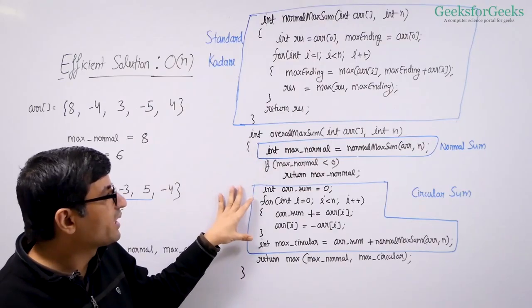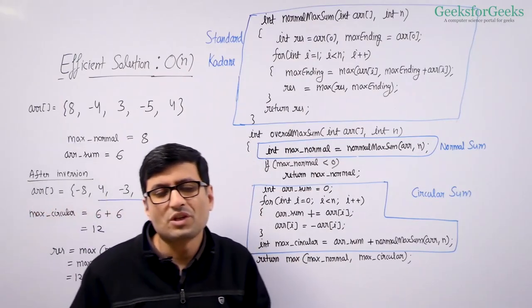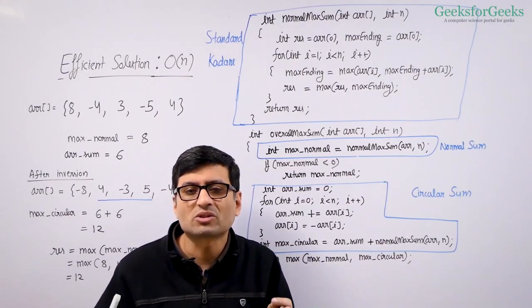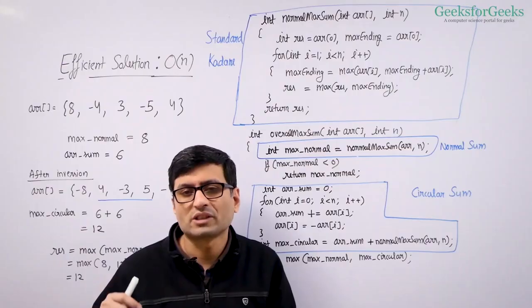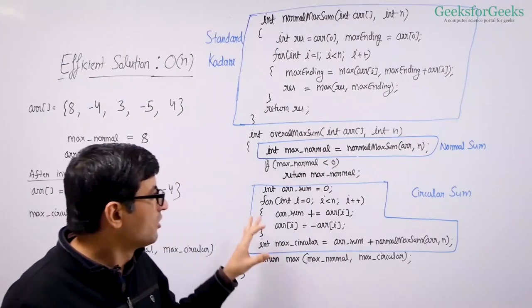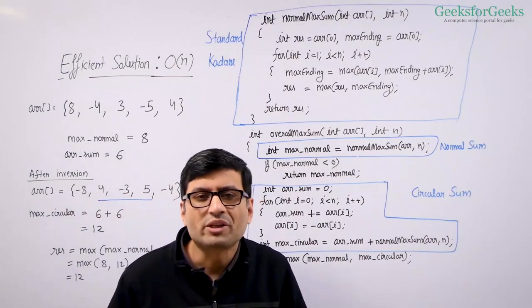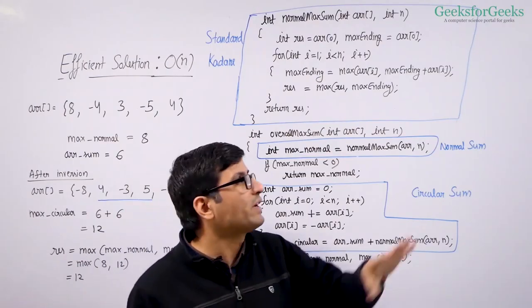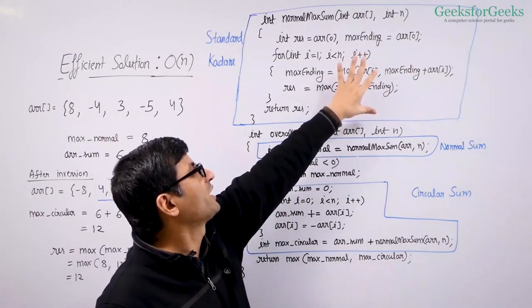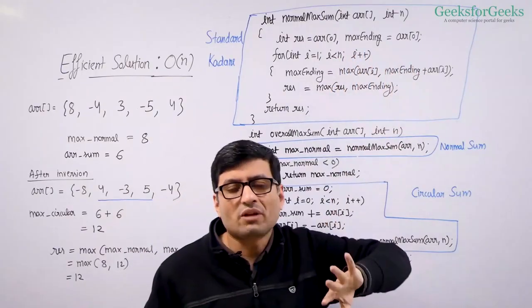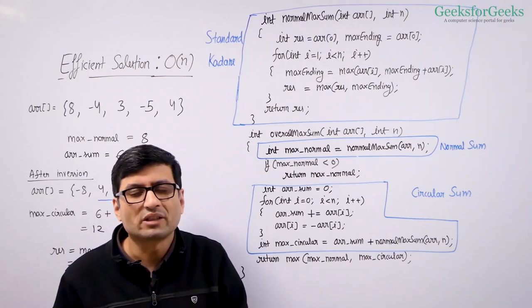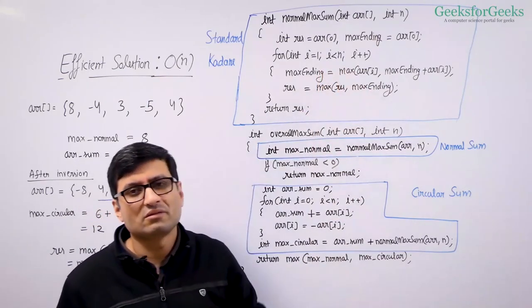Now here we find the circular sum, which is the maximum sum when you are considering corner elements as contiguous, first after the last. For that, we need to find the minimum sum subarray, but instead of modifying this function for the minimum sum subarray and writing it again, what I have done in this code is, I have inverted the array elements and then I've used the same function.